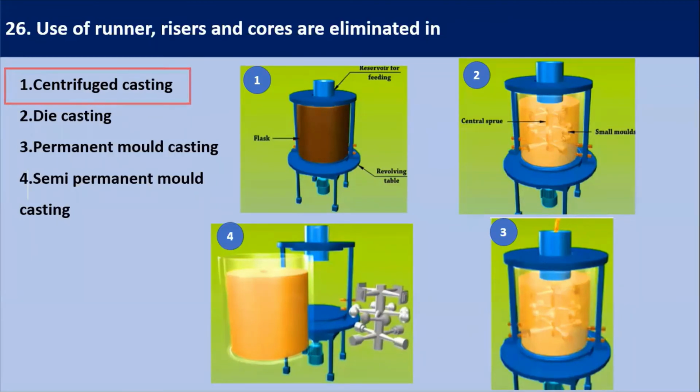So we can get different products in one mold, and even irregular or unsymmetrical parts can be molded in centrifuge casting. That's why our answer is one, centrifuge casting.